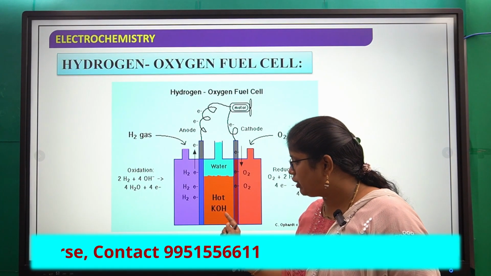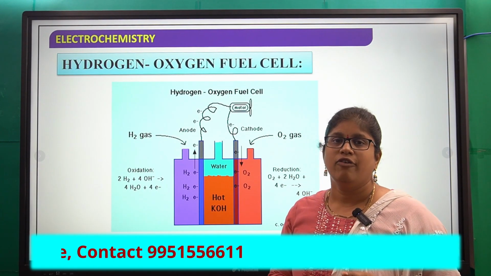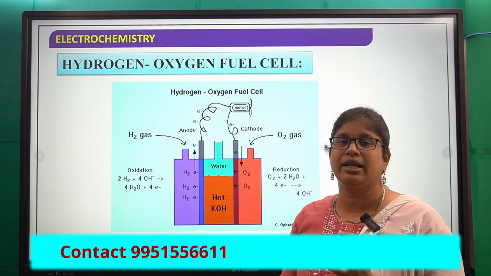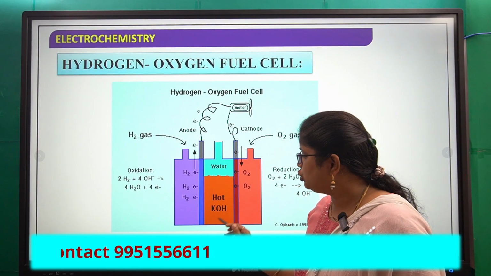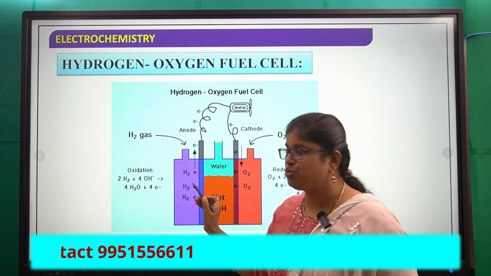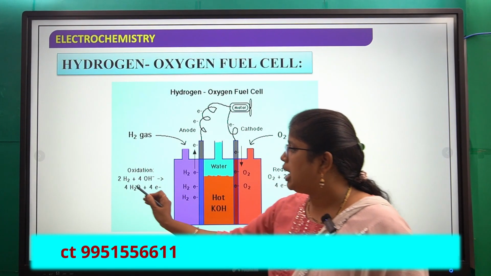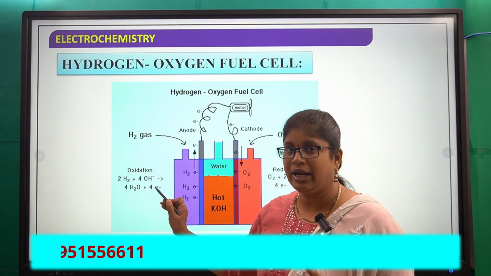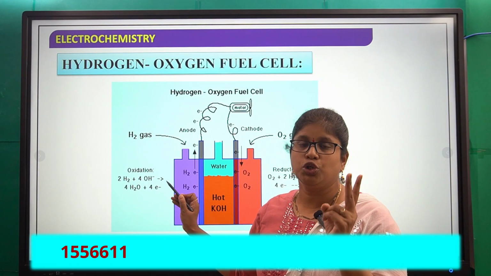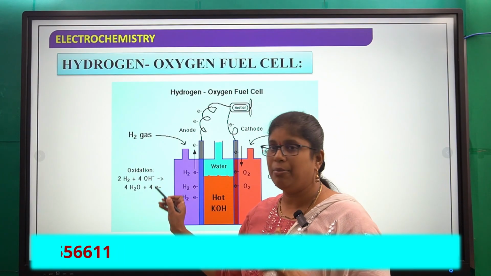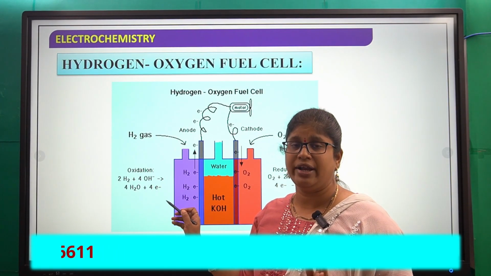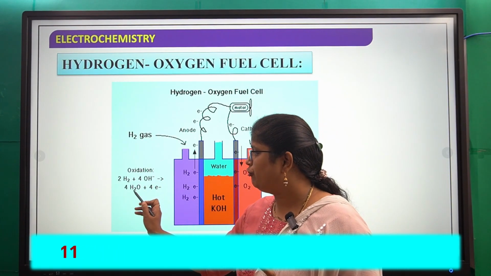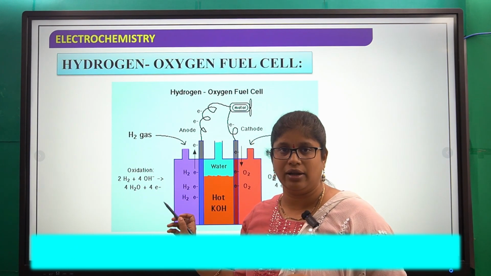So exactly what happens at the anode? From potassium hydroxide we are getting OH minus. That OH minus combines with hydrogen. How many hydrogen molecules? 2. So 2 moles of hydrogen combine with 4 moles of hydroxide ions to give 4 H2O and 4 electrons.